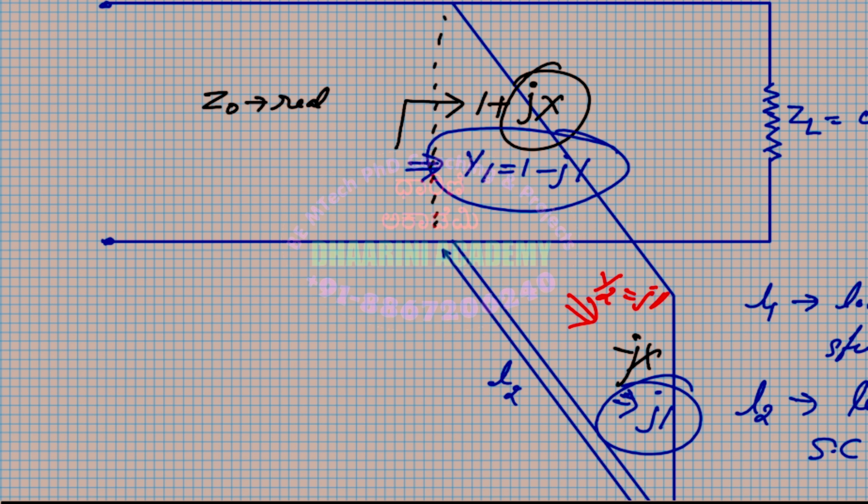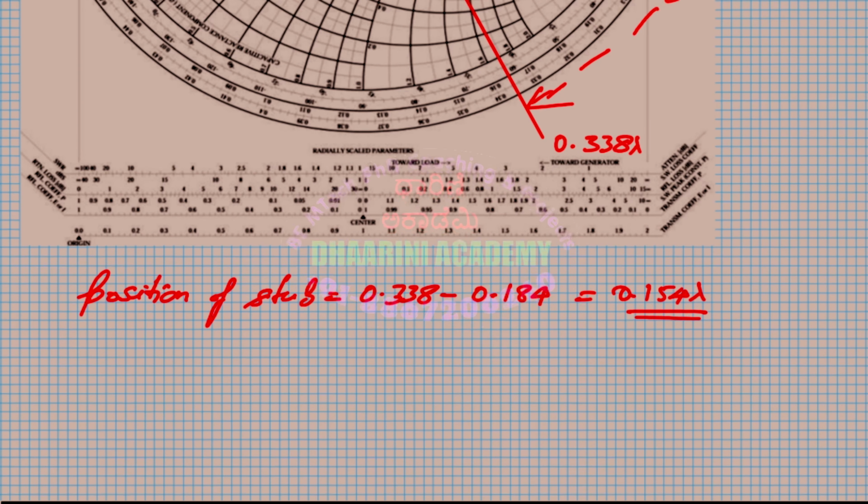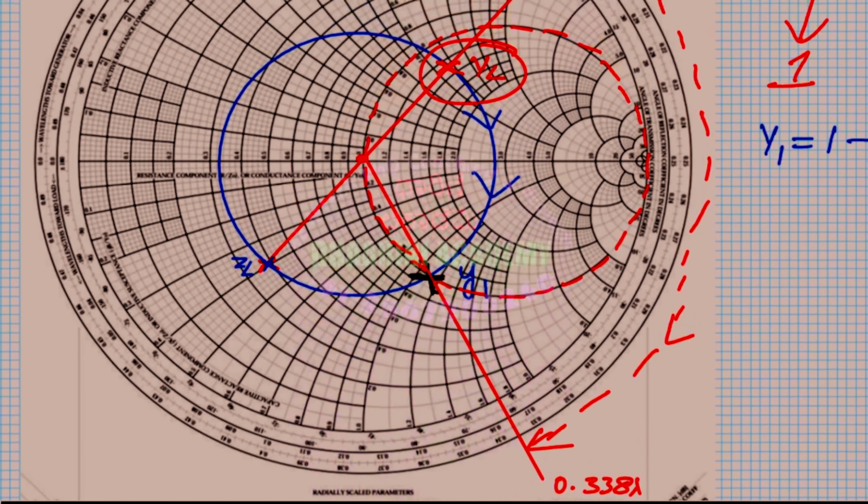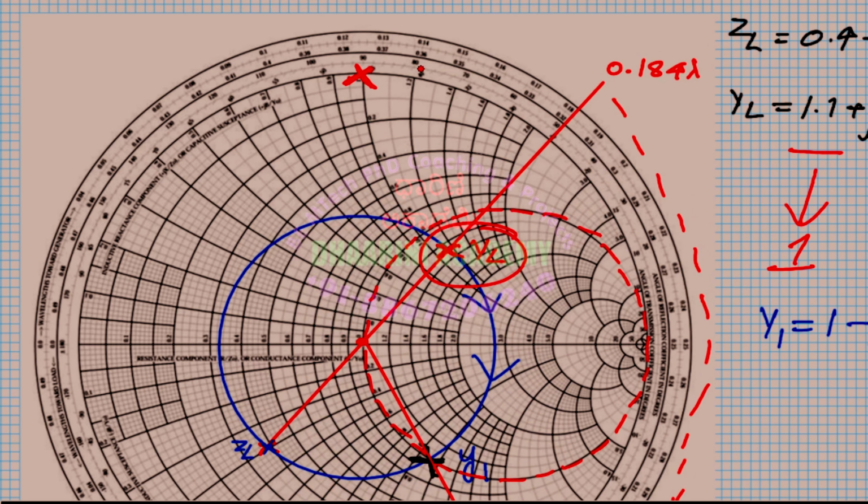You look at whatever value you have in y1, the imaginary part, take a negative of that. Over there I can see that it is minus j1, so I have to mark a plus j1. So now I come to the Smith chart and I mark plus j1. So this is my y2. Are you okay? Why I mark this one?